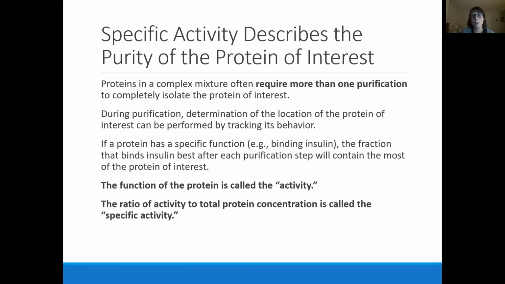If I have a solution and I say that it is so much percent active, that tells me generally also how much protein is there. I know how much of that solution is doing the activity of interest, for example, is able to convert A to B. Again, this is called the protein's activity.